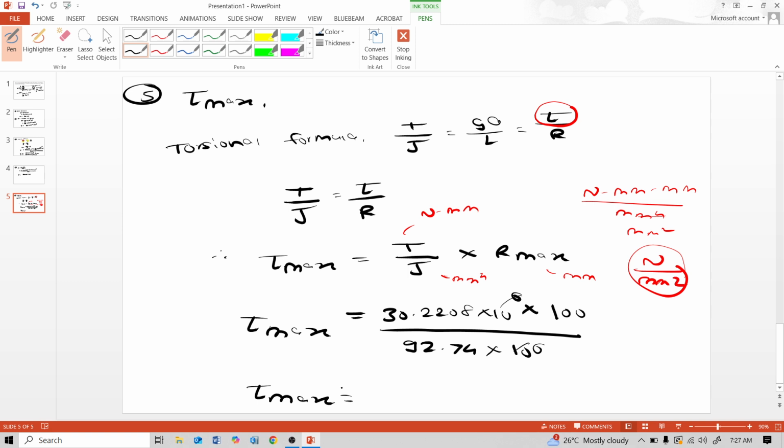So tau maximum is equal to 30.2208 multiplied by 100 divided by 92.74 into 10 raised to 6 over 10 raised to 6, which is 32.59 Newton per mm square.